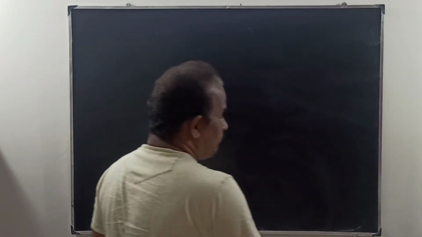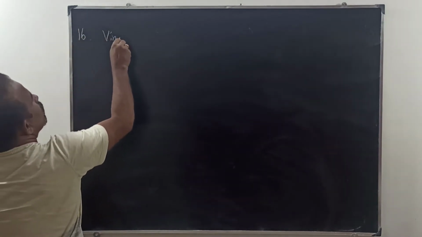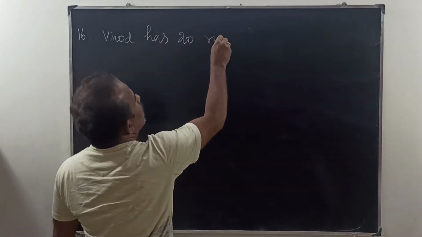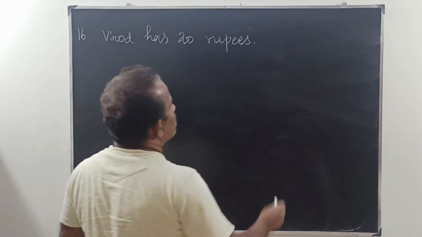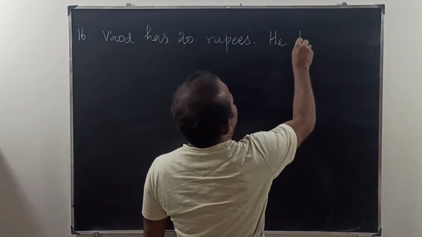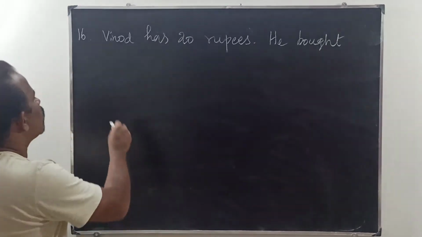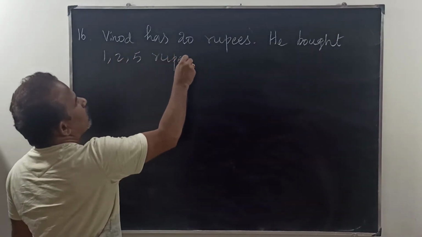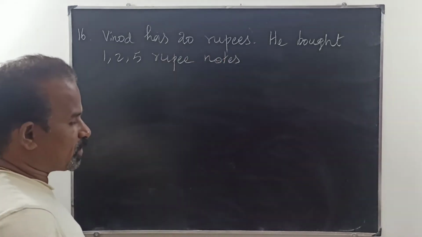The sixteenth one is: Vinod has 20 rupees. He bought 1, 2, 5 rupee stamps.